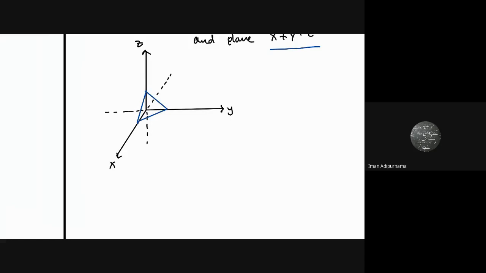Okay, that will be our tetrahedron. And this is 0. So we have a solid with four triangles, right? And that makes the volume. This is T, right? The volume T.